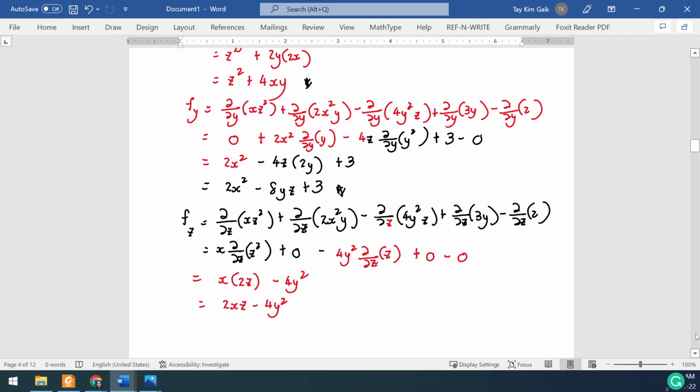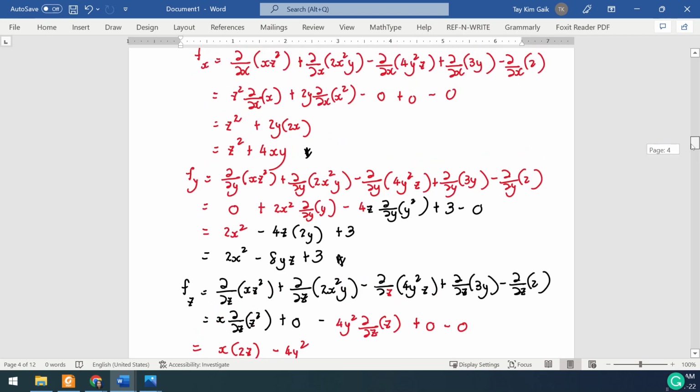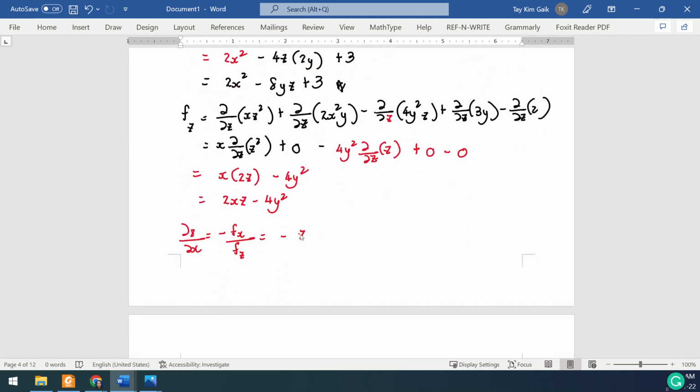Okay, plug into the formula. Hence, your ∂z/∂x is negative fx over fz. fx over fz is z squared plus 4xy, divided by 2xz minus 4y squared.